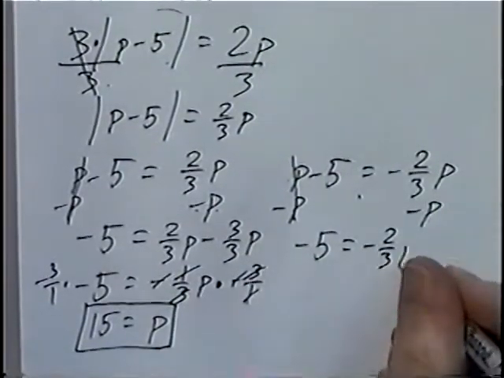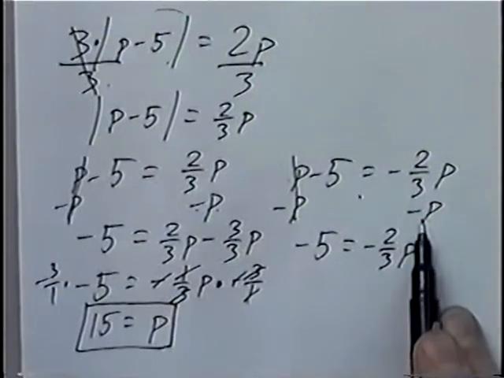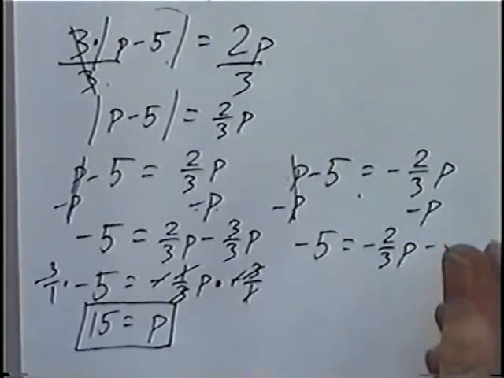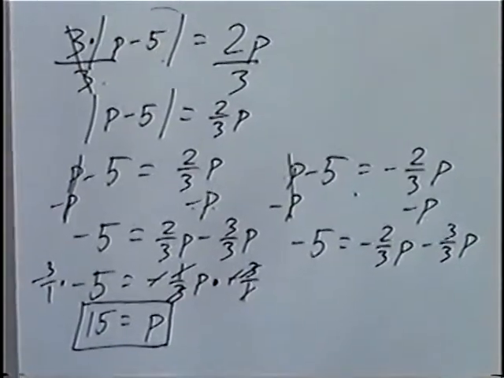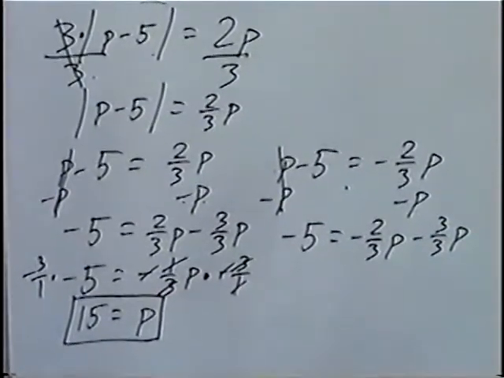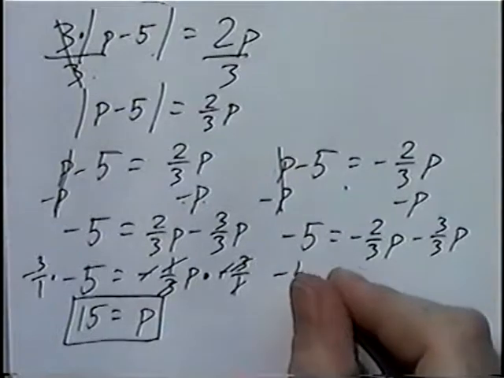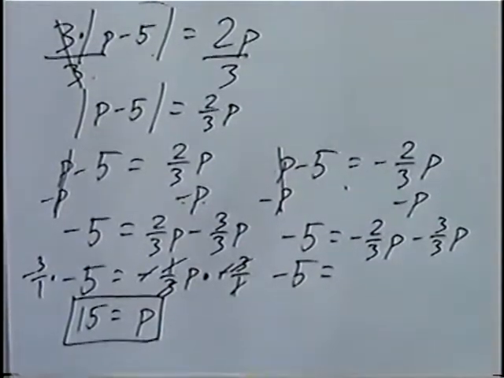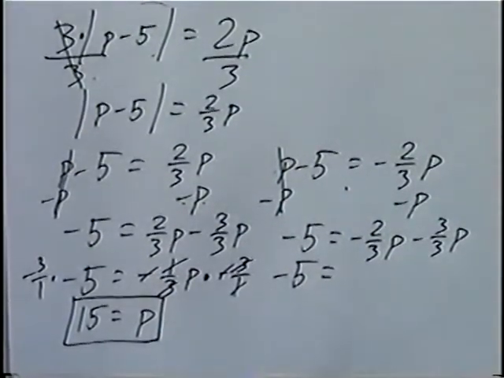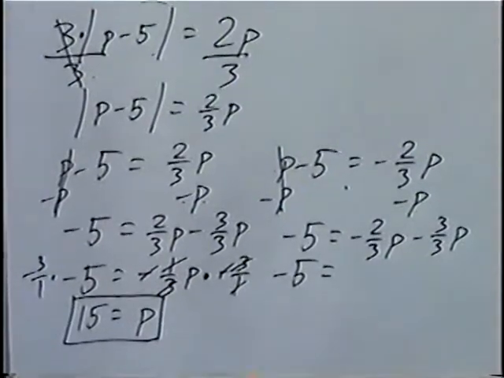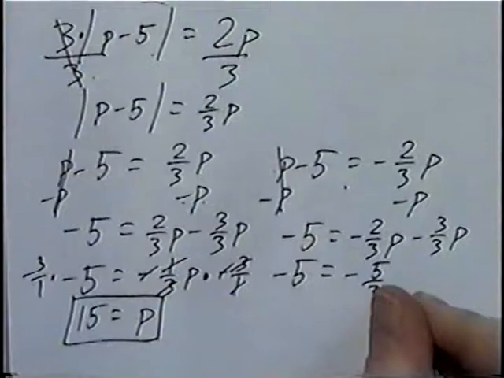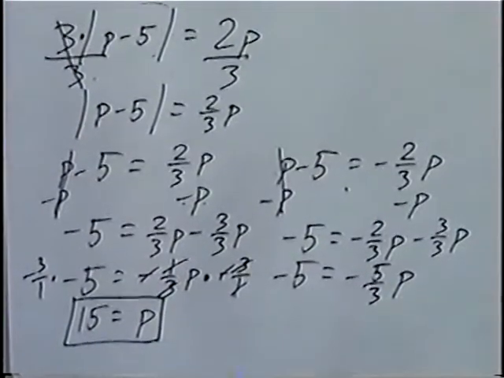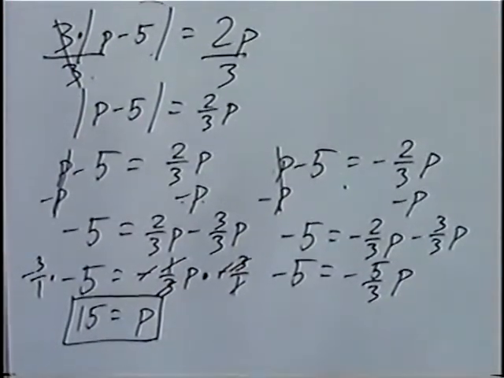Negative 2/3 p would stay the same, and negative 1 we can change into negative 3/3 p. Solving from here, negative 5 stays the same. Negative 2/3 minus 3/3 would be negative 5/3 p.